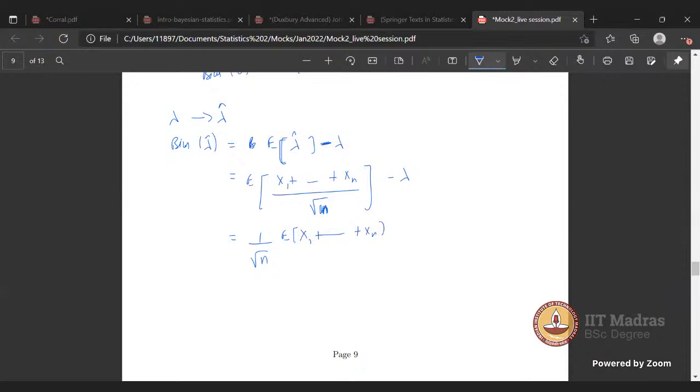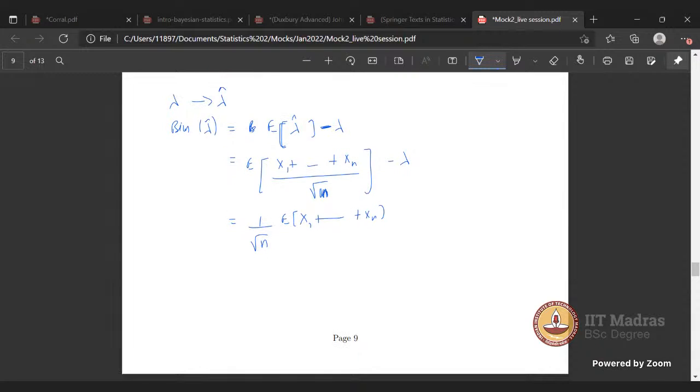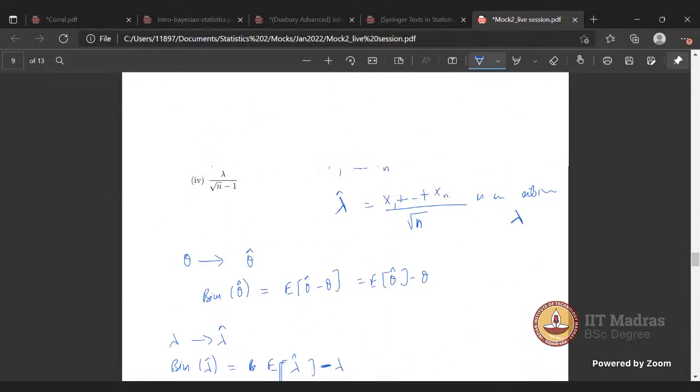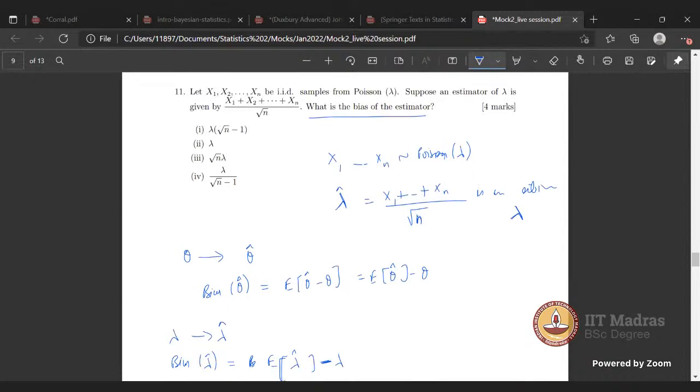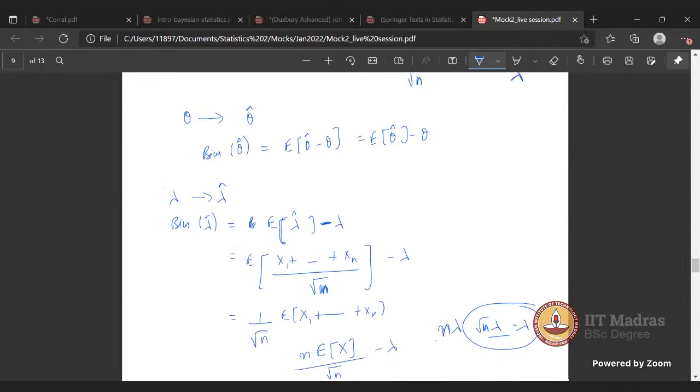Since expectation follows the linear property, we can just write n times the expected value of x, which is lambda, divided by root n, and then of course minus lambda. So n lambda by root n, that is, under root of n lambda, minus lambda. So this should be our answer.